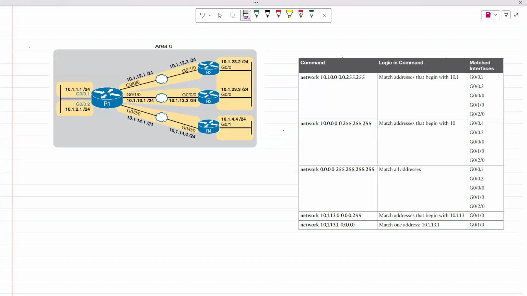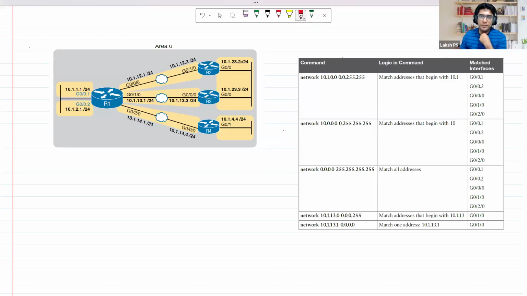See, for 10.1.13 it sent one side only, and 10.1.12 it sent that side only. So router 2 will not know where router 3 is, and router 3 will not know where router 4 is. So they will have only that much, or will there be only one separated path?